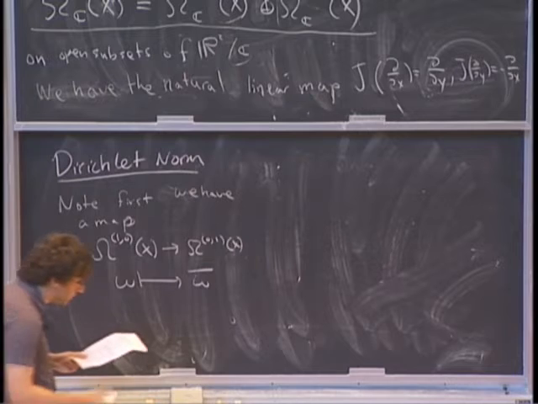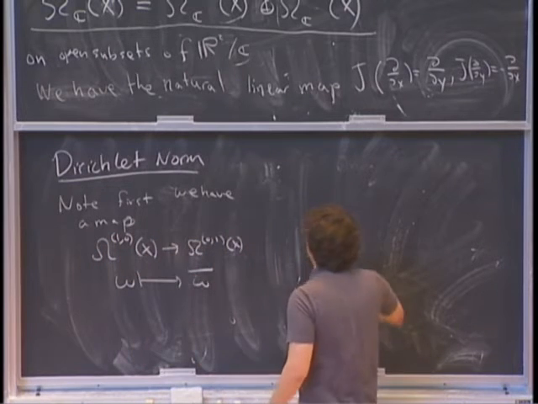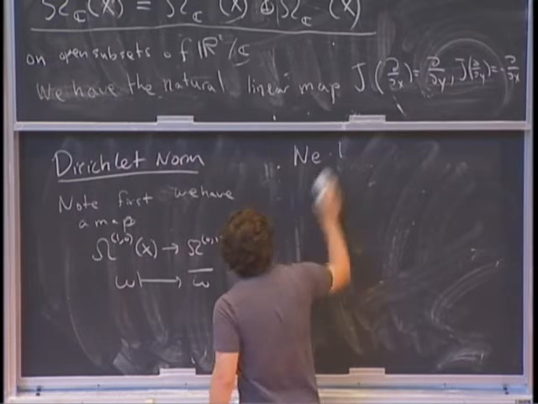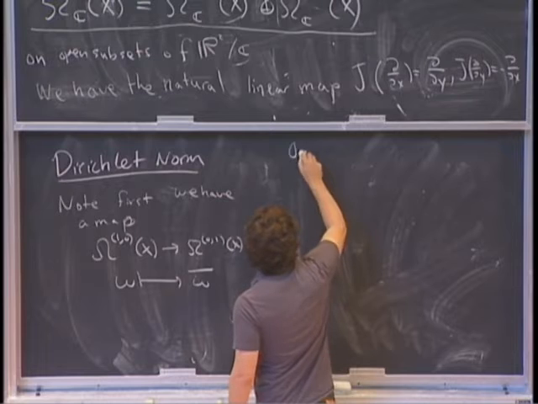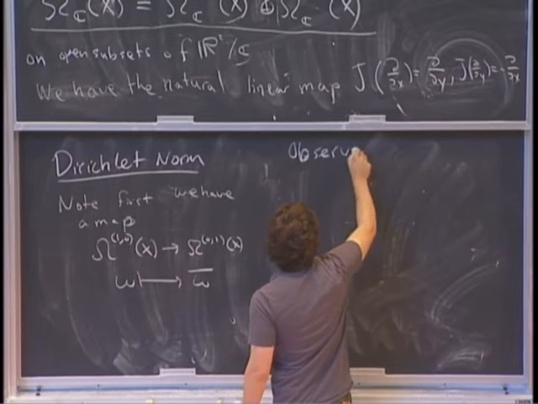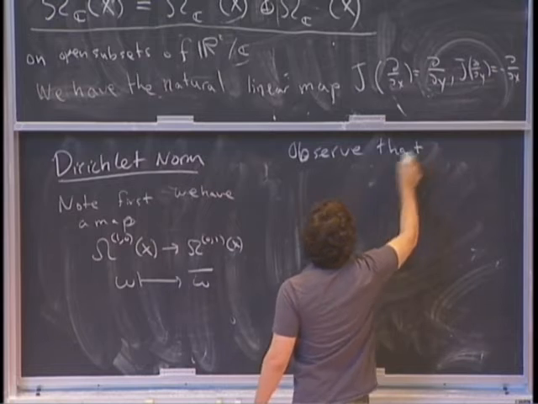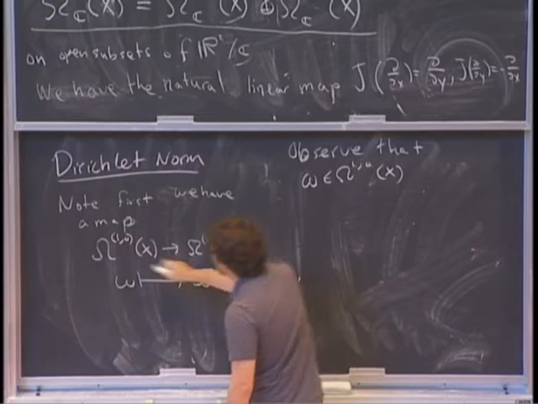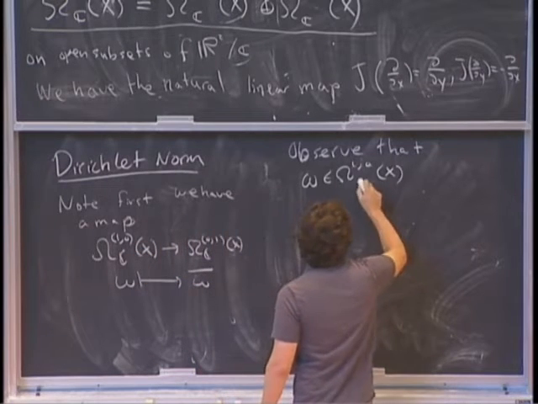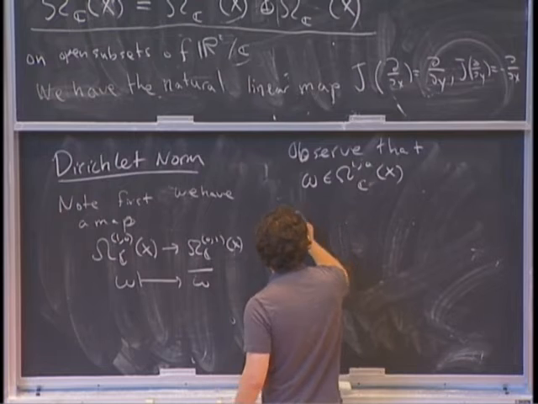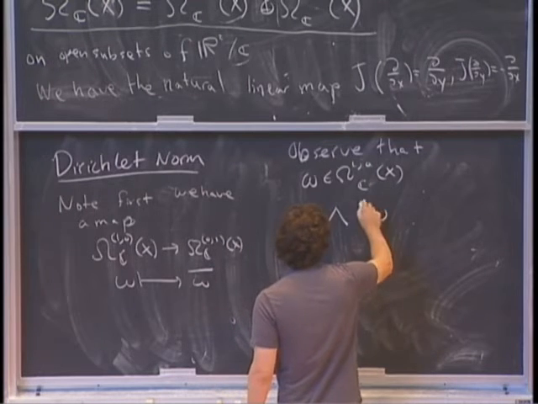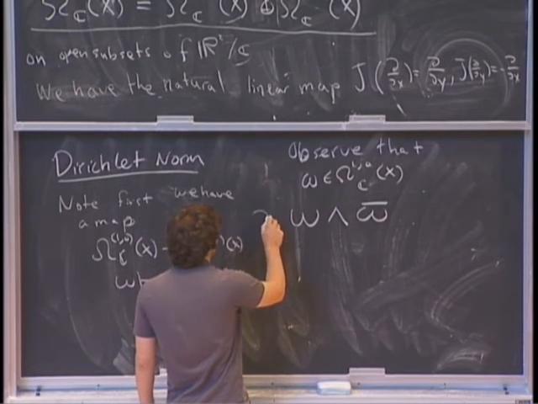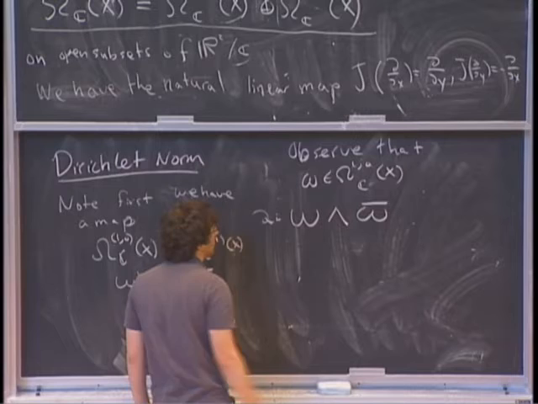And so what that allows us to do is, observe that for an omega a (1,0) form on X, these are complex valued, we can look at the following object, which is omega wedge omega bar, times, say, let's just put 2i for the moment.